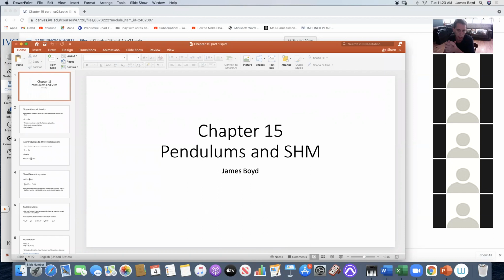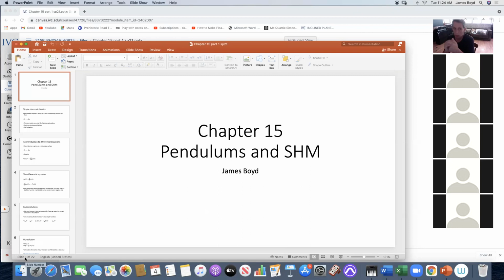Mostly, I feel like this book assumes that you guys wouldn't be able to figure out differential equations or quite understand them. So this chapter deals with something called simple harmonic motion, which you find by a differential equation. They give you the solutions and kind of talk about it a little bit, but I don't know how good of a job they do with that.